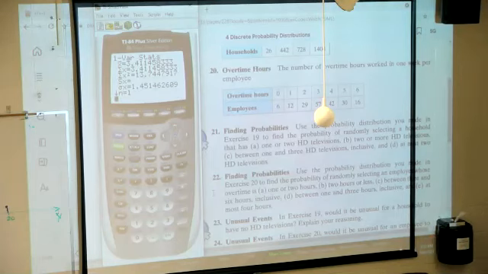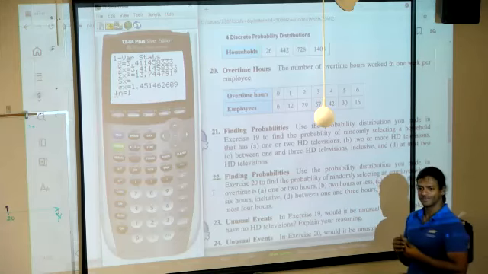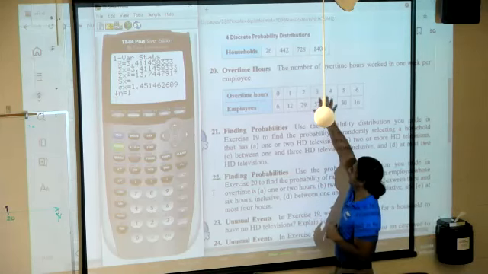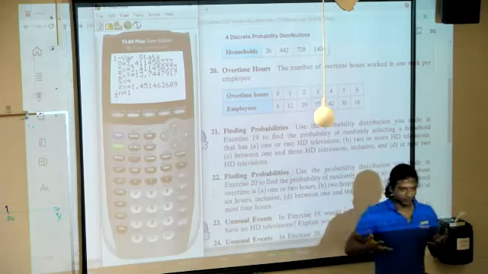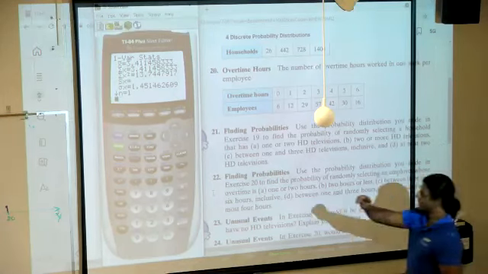Or somewhere close to 3. Look at our previous example. The majority of the employees work 3 hours, right over here. So the expected value of overtime hours must be around 3, which is correct. We have 3.44.